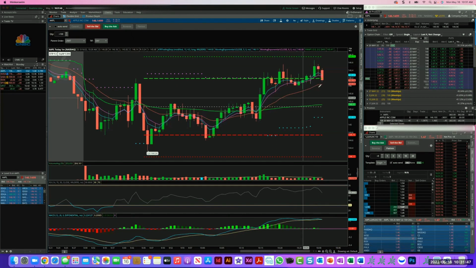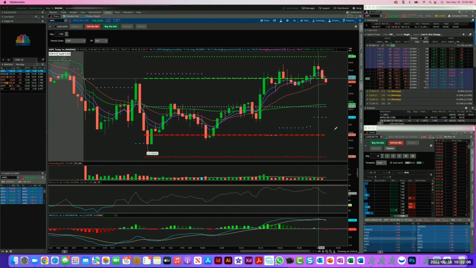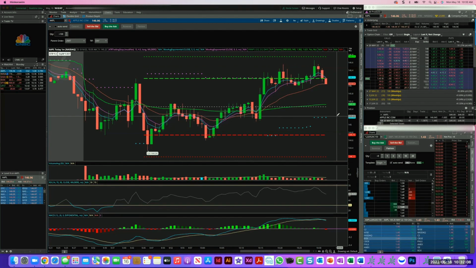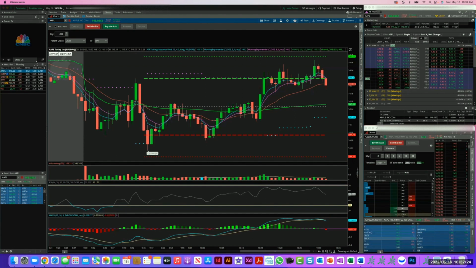All right, so we're looking for support on Apple to hold here at this 20-day EMA. Preferably, it holds above the opening range. Go back to a 2-minute.